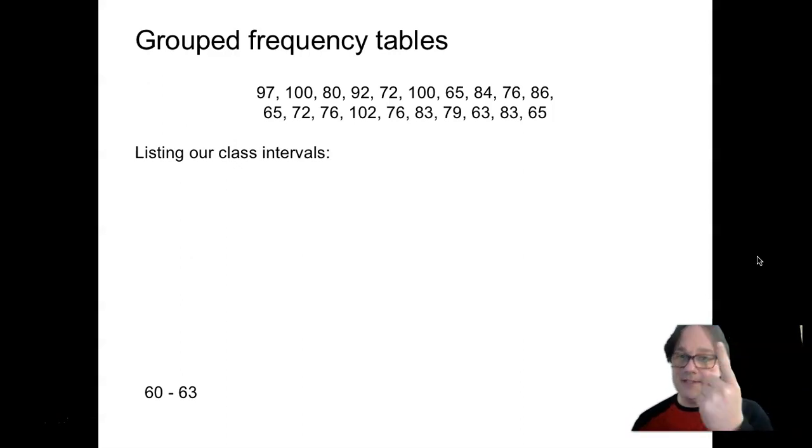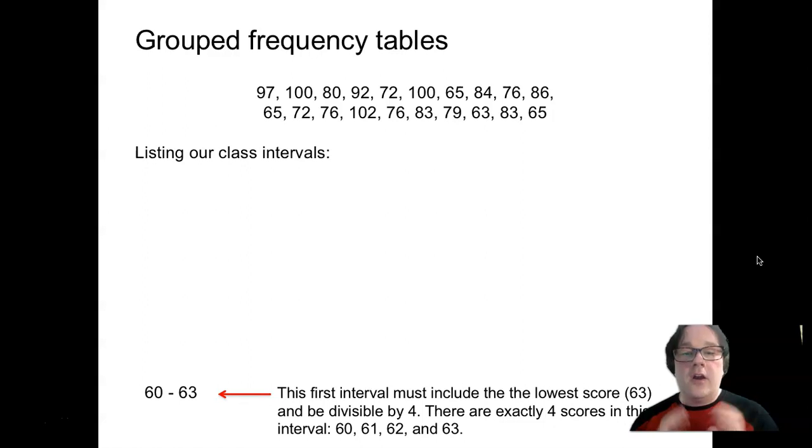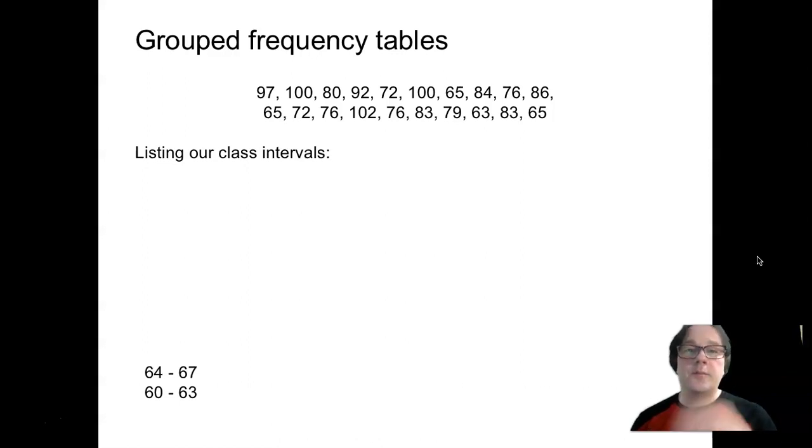So it'll include 60, 61, 62, 63. 4 scores. Our next interval will have to start at 64, and that will also include 4 scores, right? So we'll go from 64 to 67 for our next interval. So 64, 65, 66, 67, 4 scores.